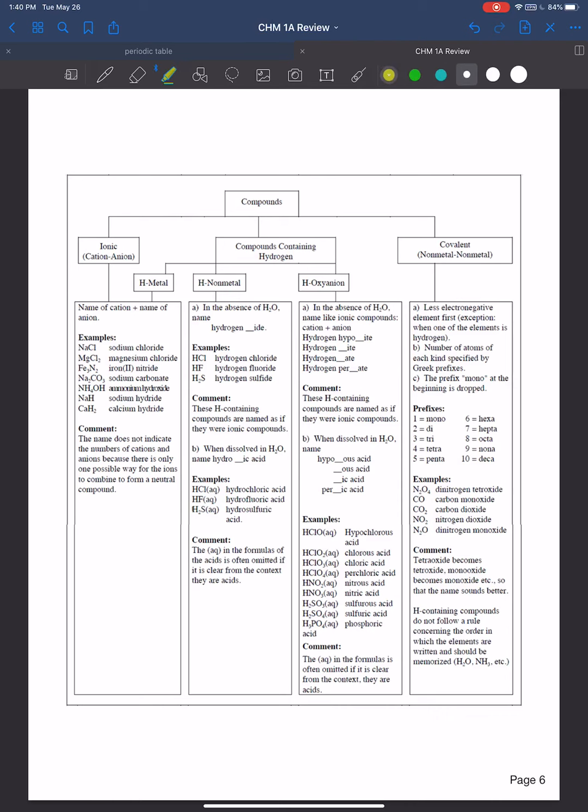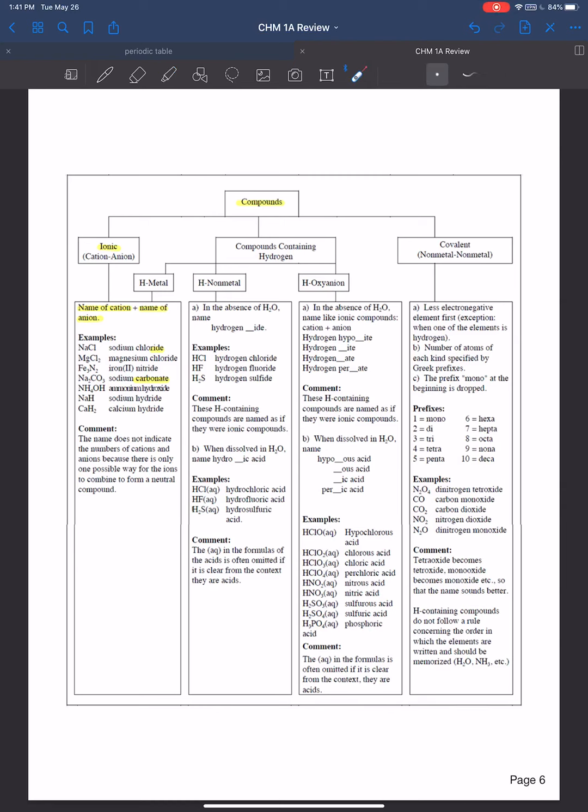All right, so let's glue this together. Let's make some compounds. Starting with ionic, traditional cation and anion, you name the full cation as we discussed in the previous page, and then you name the anion depending on if it ends in ide or if it is the name of a polyatomic ion.